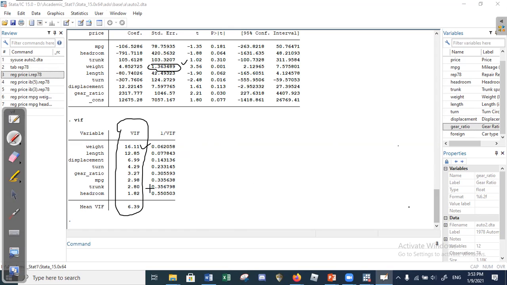Now the question is, how can you determine whether there is a case of high multicollinearity or not? As a rule of thumb, any VIF value which exceeds 10.